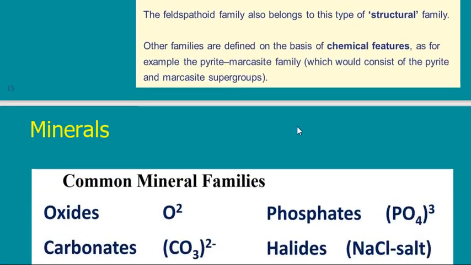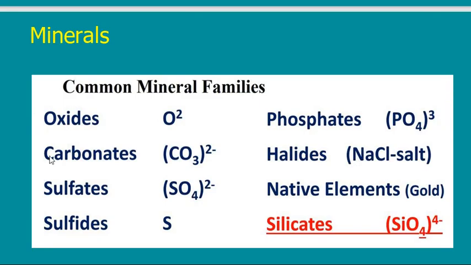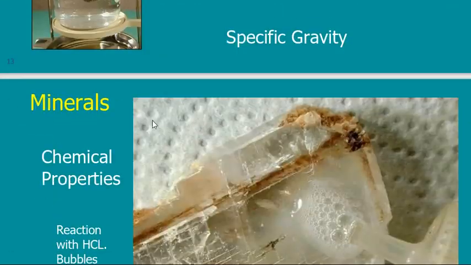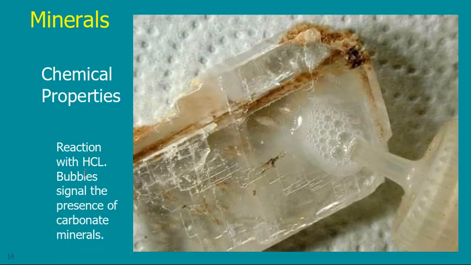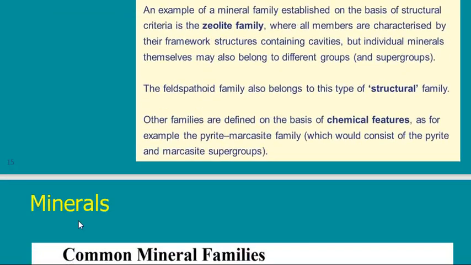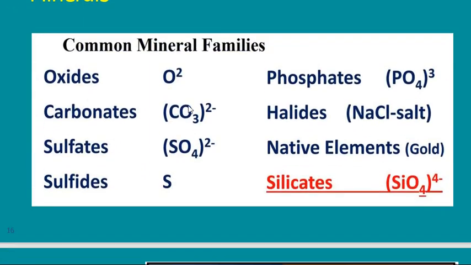I will just show you something. We have just said that the reaction with HCl helped me to see the presence of carbonate. There are lots of minerals, or rocks, that will have carbonate. So the carbonates family is very important.